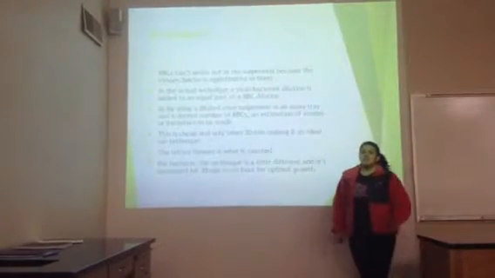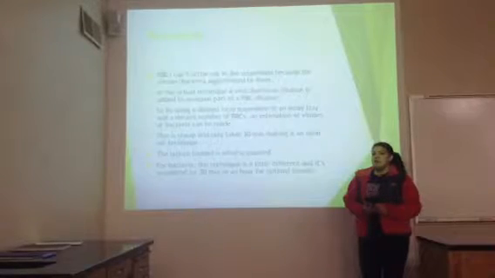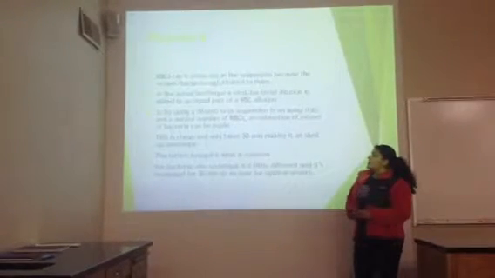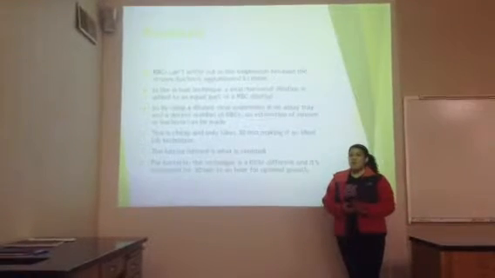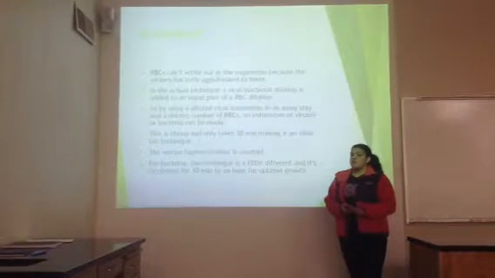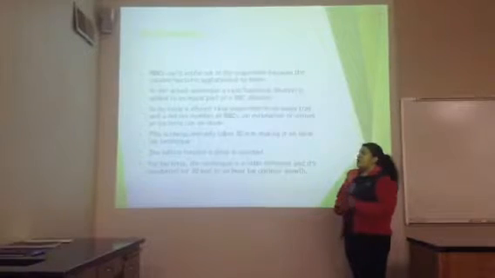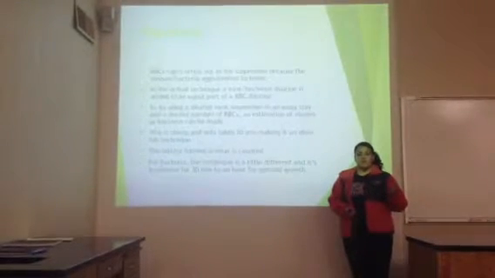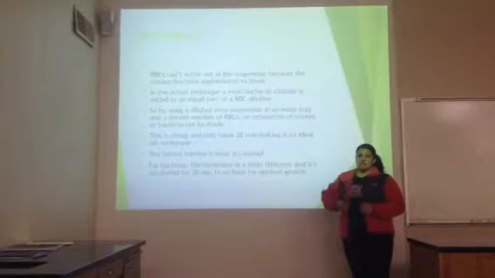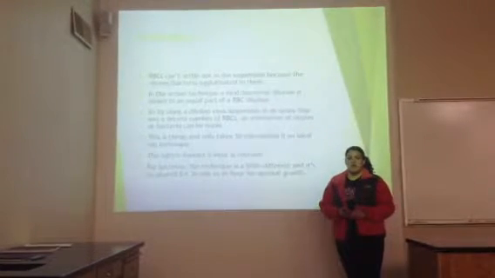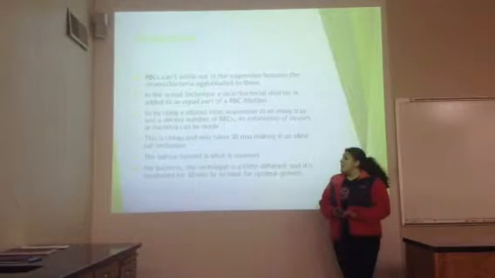So for the procedure, the red blood cells can't settle out of suspension because the viruses or the bacteria are stuck to them. To run this procedure, you take a dilution of the viral or bacterial dilution and add it to usually an equal part of red blood cell dilution.